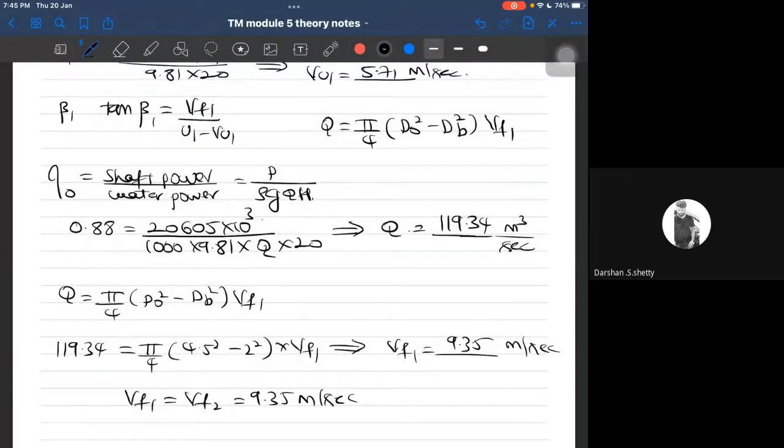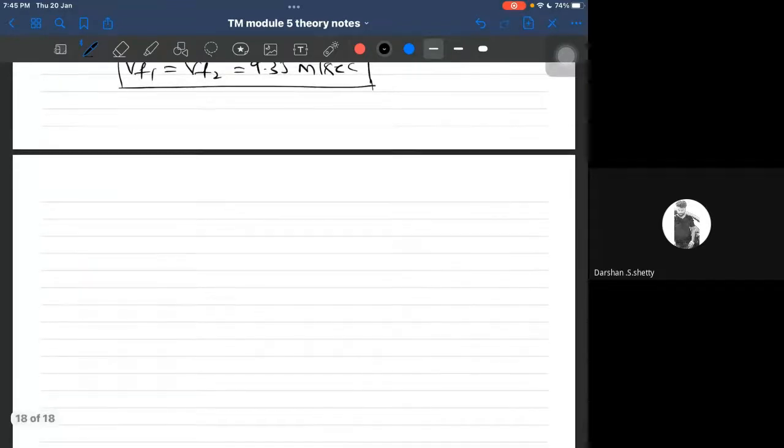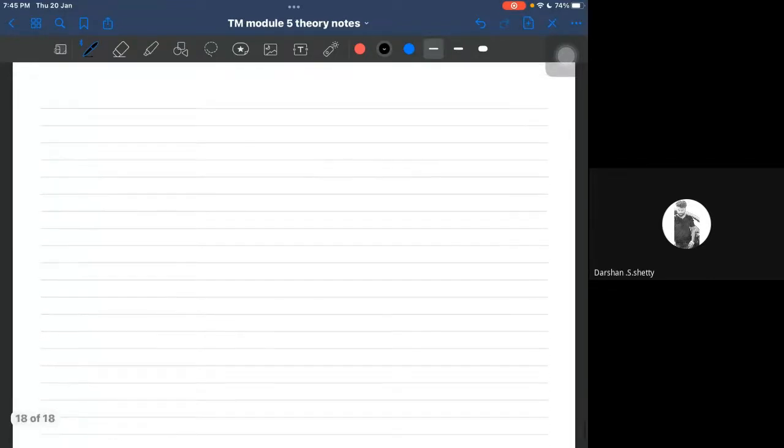Now, once you have got the value of Vf1, you can use tan beta 1 and beta 2. Now the thing becomes easier. So if you apply tan of beta 1, opposite is Vf1 divided by u1 minus vu1.